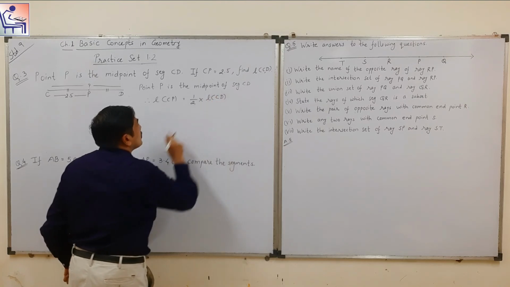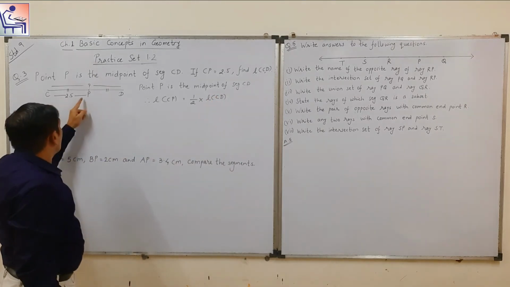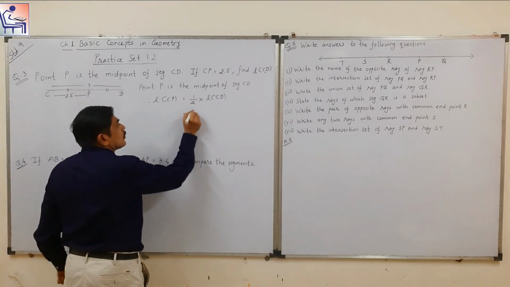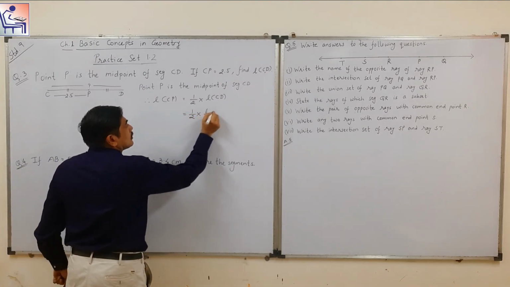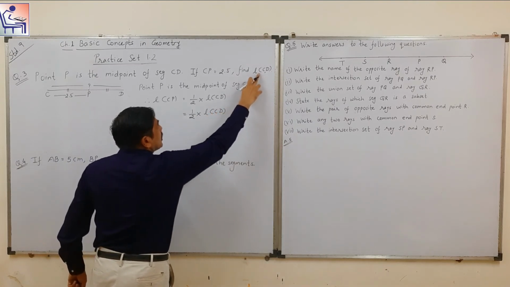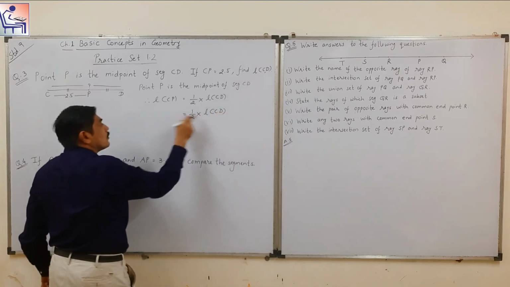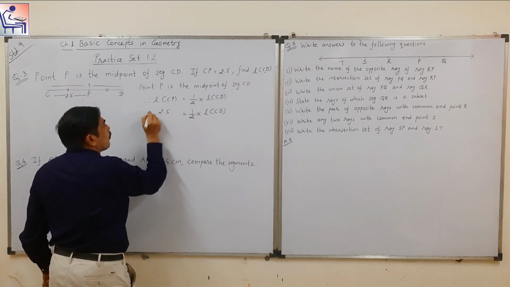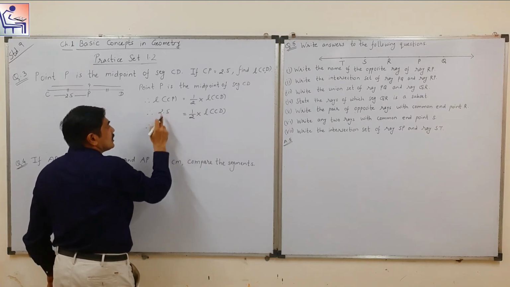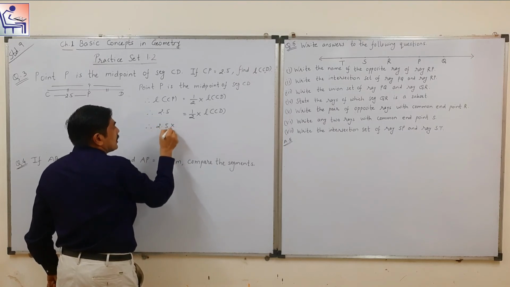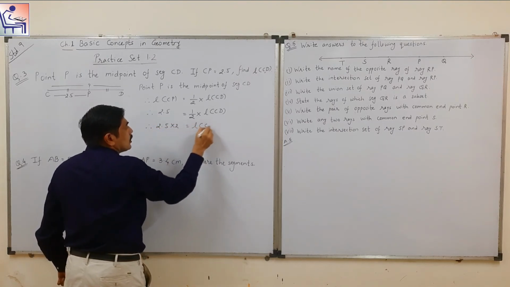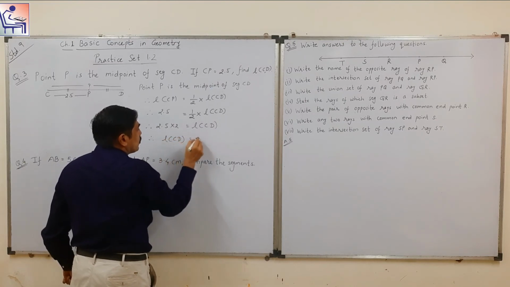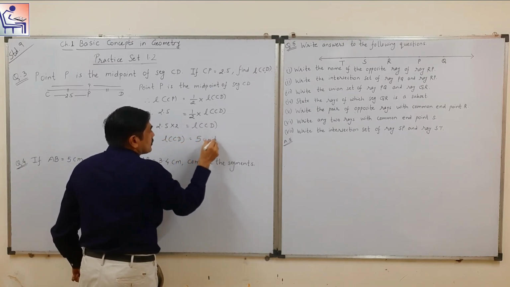We know that length CP is half of length CD. So now here we will write length CD only. Why? Because we want to find it out, and length CP, we know that it is 2.5. So when this 2 goes to the other side, it is multiplied. So here we got length CD is equal to 5 units.